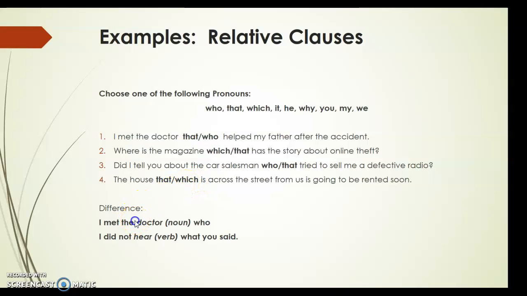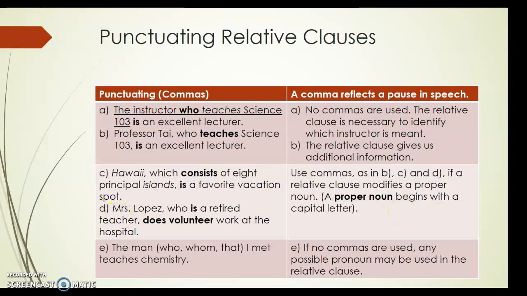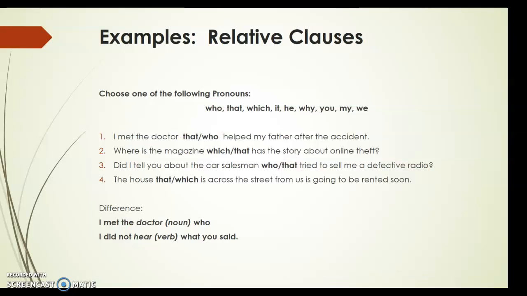Let's look at the difference here. Sorry about that. I met the doctor who, okay? This is a noun right here. Who, okay? I did not hear what you said.